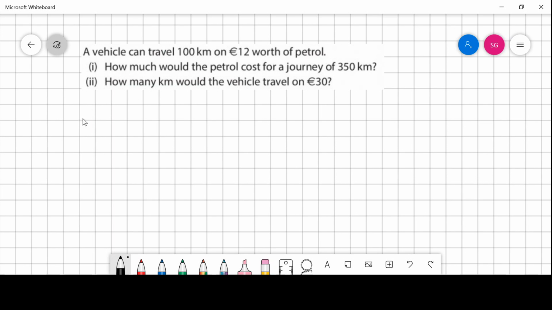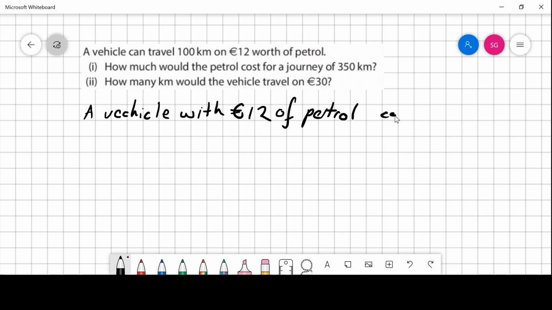the same statement as a vehicle with 12 euro of petrol can travel 100 kilometers, right?